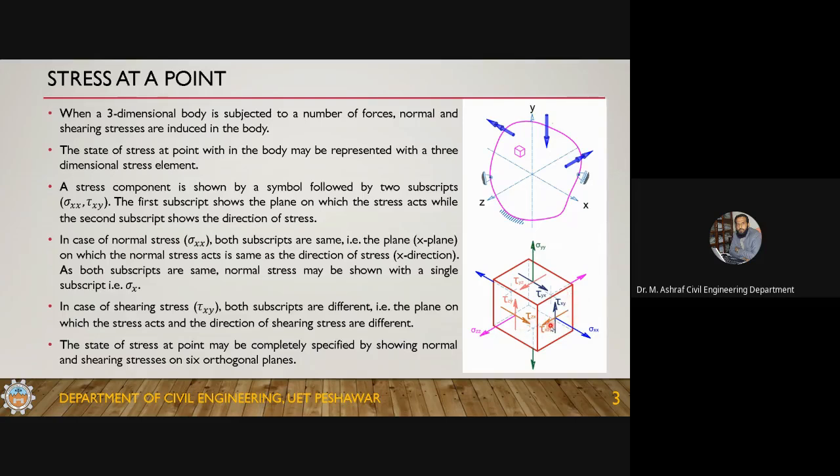Any stress which is parallel to the resisting area is a shear stress, and this component in the y direction is also a shear. So on a single face you have 1 normal component and 2 shear components, along the Cartesian coordinate system.